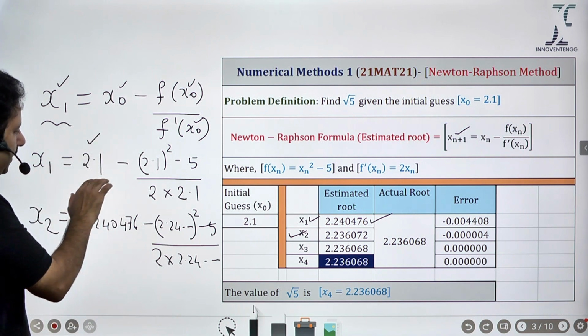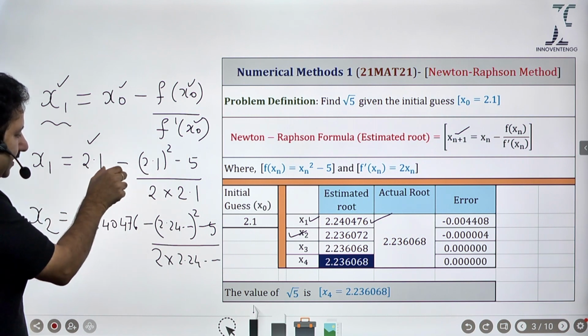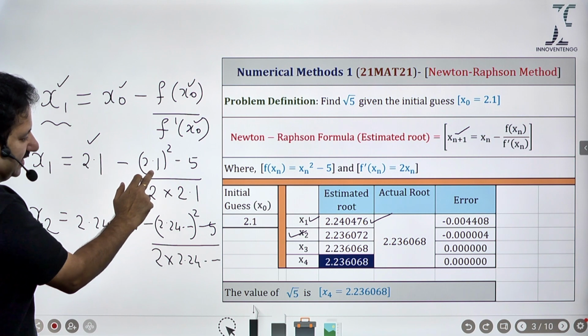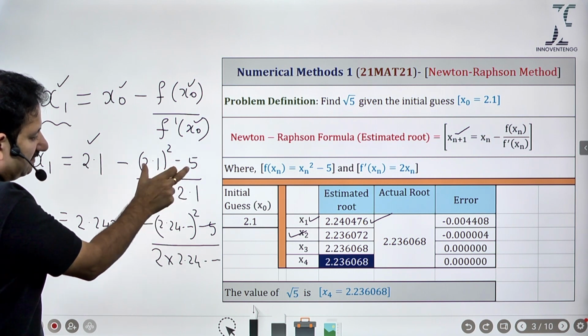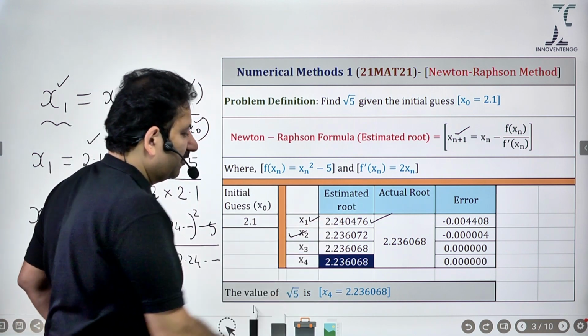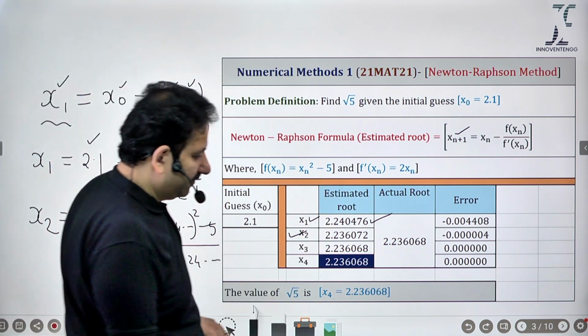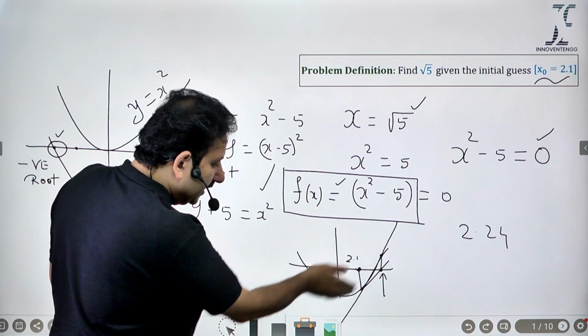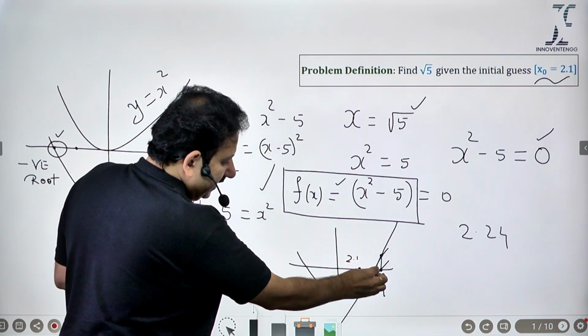So you are actually getting a number greater than 2.1 because you are subtracting a negative number. You can see 2.1 square minus 5 is a negative number. You are getting a greater number, that is 2.24. And that is where we also graphically told you that you overshoot when you begin, by a very, very small margin.